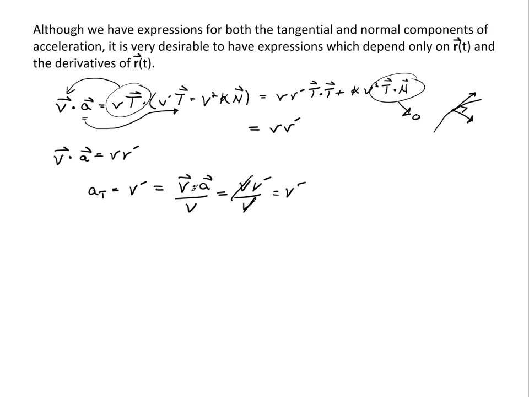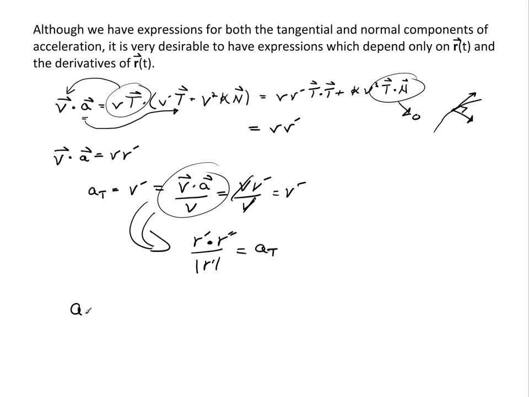So I have this representation, but this is actually equal to, well, v is the first derivative of r, dot acceleration is the second derivative of r, divided by v. V is the magnitude of the first derivative of the position vector. So now I have the tangential component in terms of nothing but derivatives of the position vector.